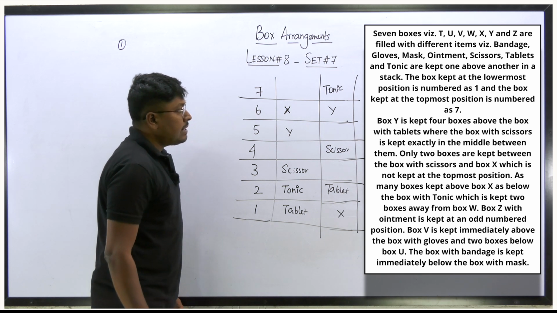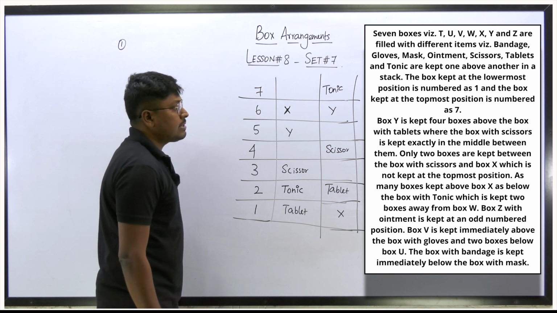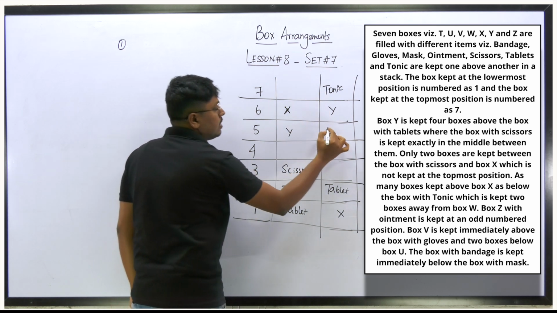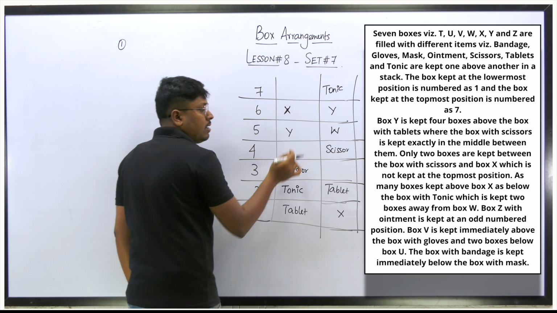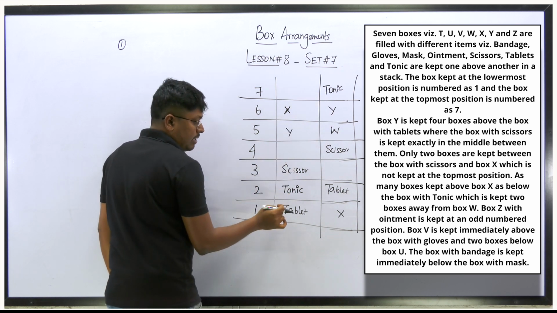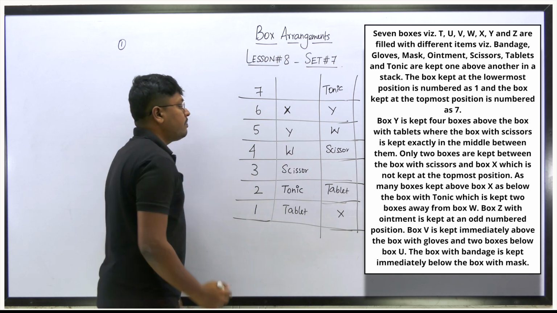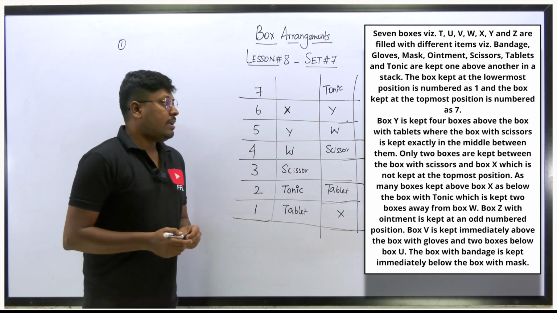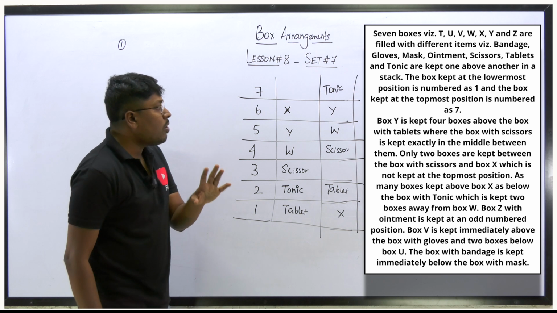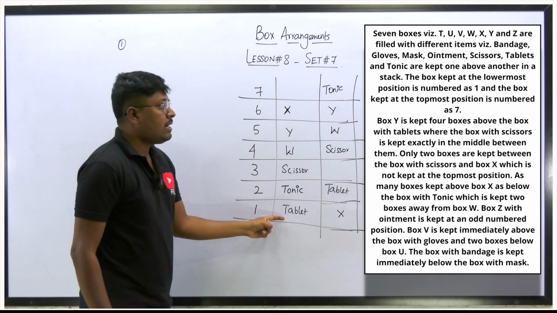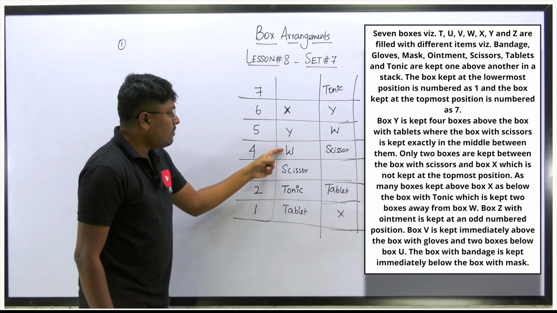And then what they are saying is, which is kept 2 boxes away from box W. So I should fix box W here, away from 2 boxes. Similarly I have fixed tonic here. Away from 2 boxes, this should be W. So friends, understood or not? So I can read that line again. As many boxes kept above box X as below the box tonic, which is kept 2 boxes away from W.